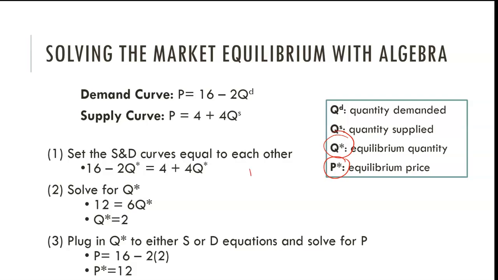If we were looking at this on a graph, we had supply and demand like this, price, quantity, then where this X intersects, this would be at a price of 12 and a quantity of 2. So here's what it would look like on a graph.